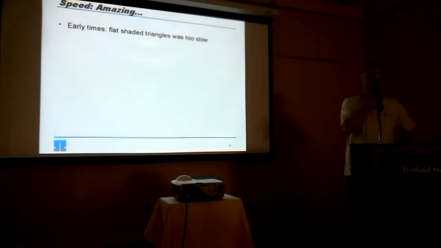I remember the early times, as we heard the day before yesterday, when OpenGL started, or even before that with IRIS GL. Gosh, I didn't really remember that the interface was that broken, but it was, yes. And in these early times, even flat shaded triangles were way too slow to do anything useful with.